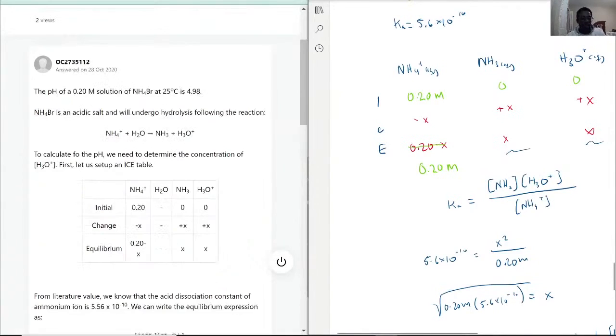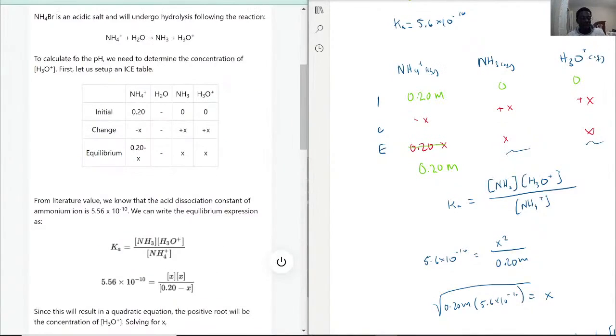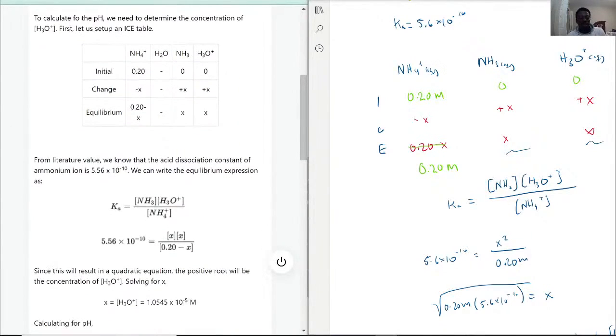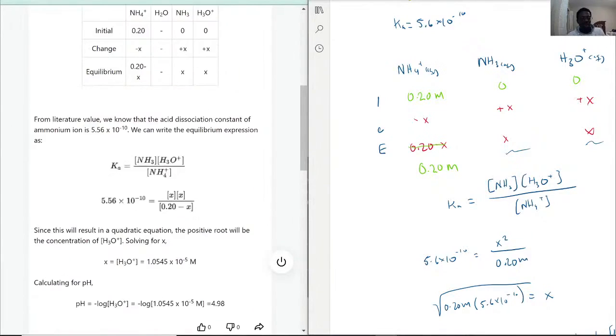We do not need the water side, hence why they have it dashed out. Then they found the literature value, which is 5.56. We use 5.6 times 10 to the negative 10. So it's going to be x, and 0.20 minus x. They probably just did what I did, made it equal 0.2 instead of doing a whole quadratic equation.